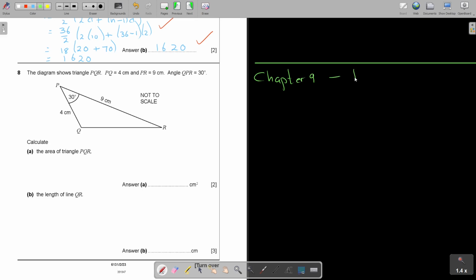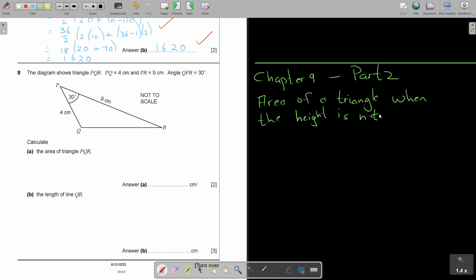And it will be in part 2 of the textbook. Okay, not part 1. And the first one will be area of a triangle when the height is not given.